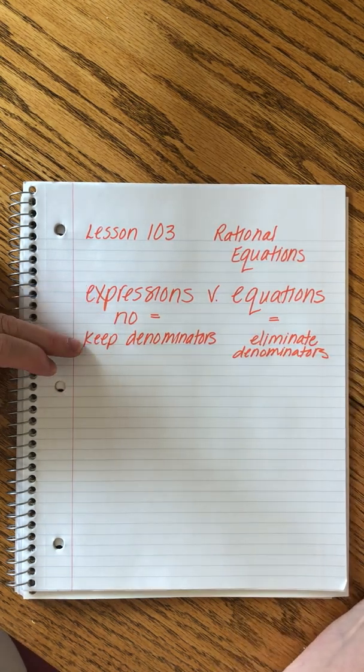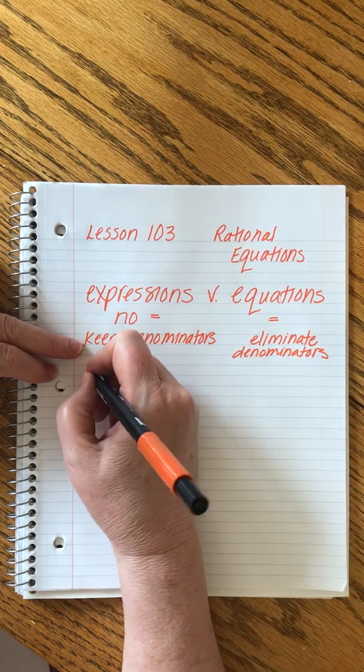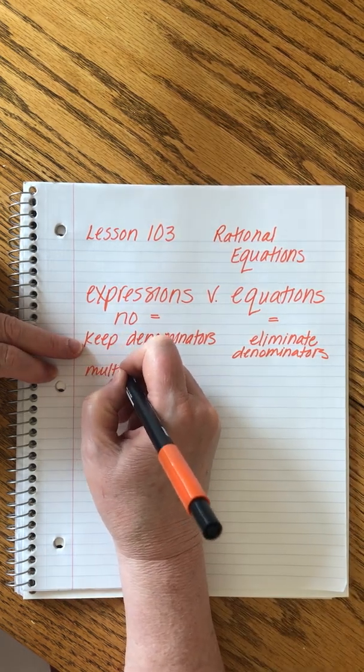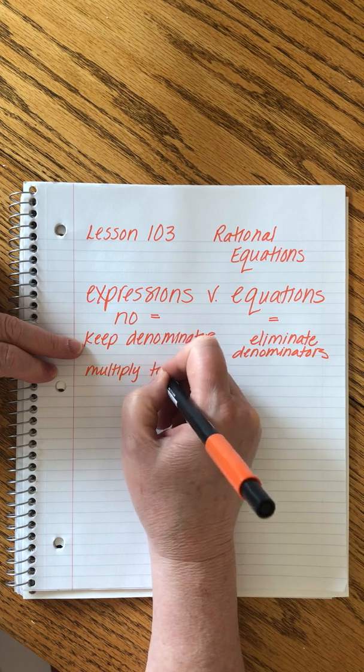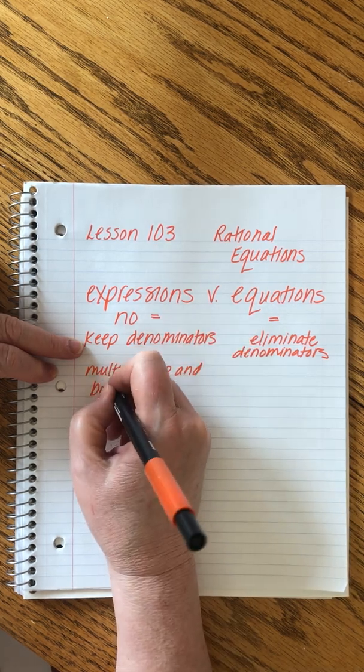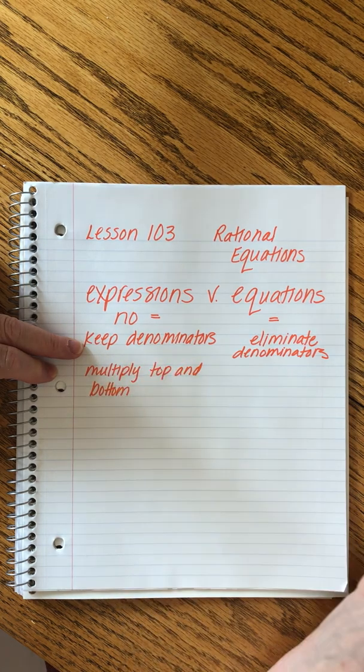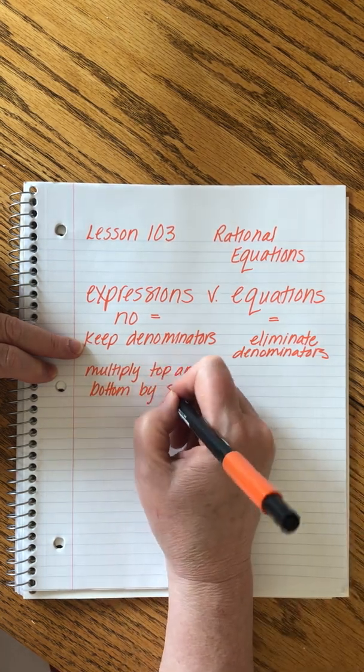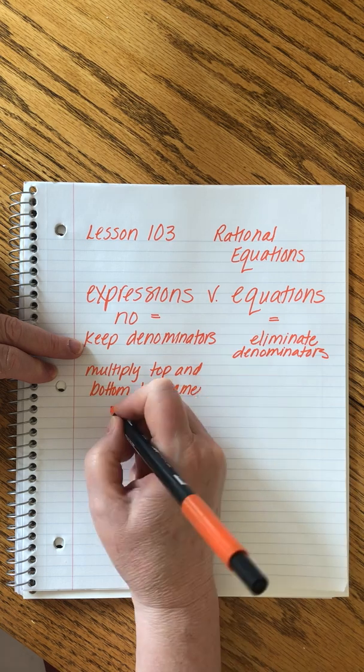With expressions, the only way we can change them is to multiply the top and the bottom by the same number. That's all we can do.